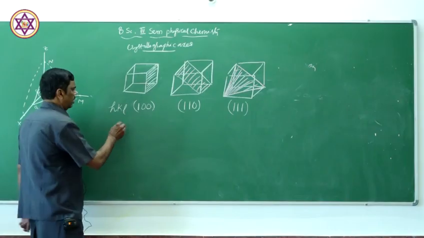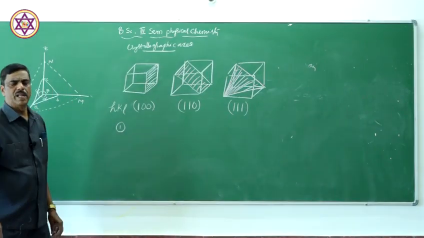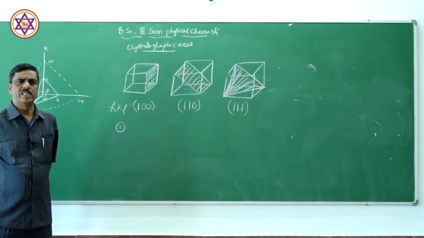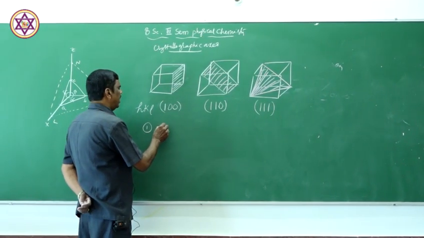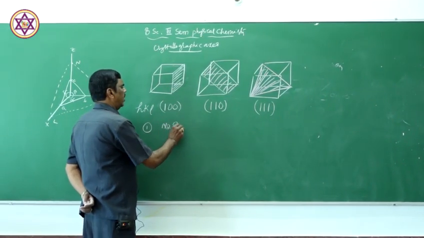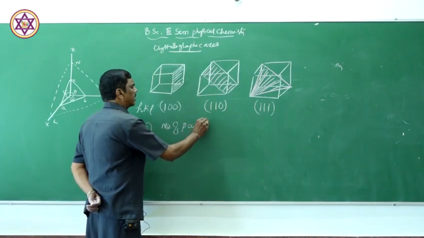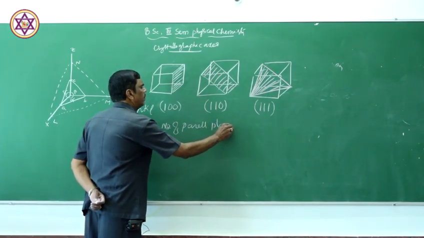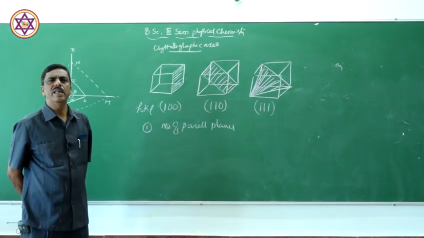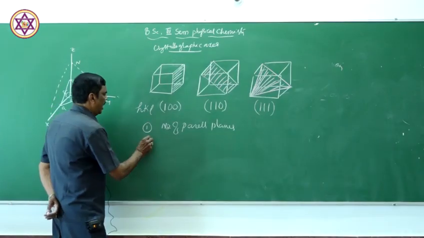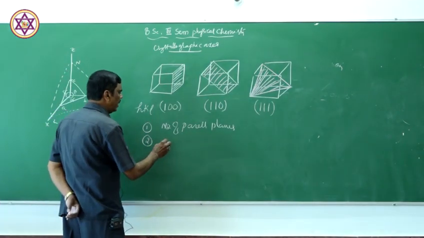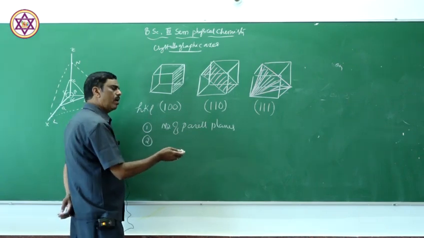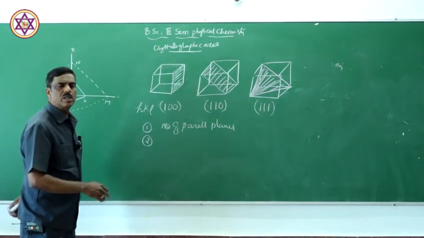There are some advantages of Miller indices. Miller indices represent a number of parallel planes in a crystal lattice, and we can represent any plane in the opposite direction of the origin.